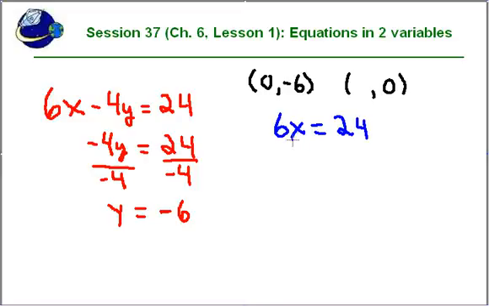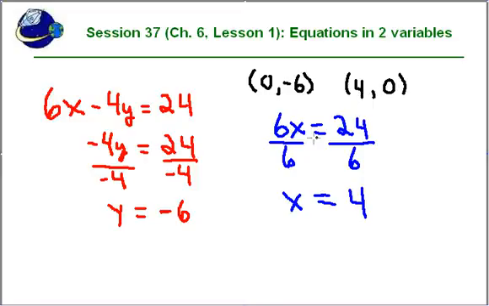Now we still need to get the x by itself. It's being multiplied by 6, so we need to divide both sides by 6. 6x divided by 6 is simply x. And on the right side, 24 divided by 6 is 4. So our second ordered pair that should work would be when x is 4, y is 0.